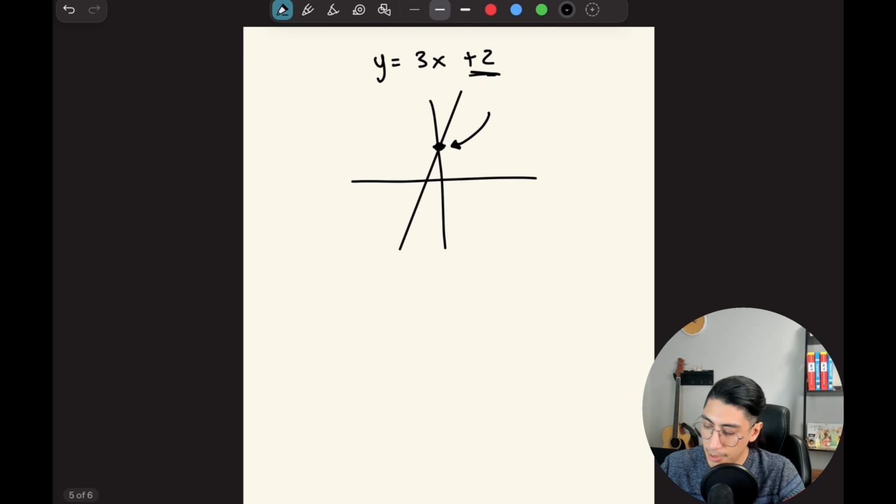Isn't that awesome? So that's how I can find that value. That would be my x-intercept. It would be negative 2 over 3 comma 0. There we go. So there's that. And of course, this one would be 0 comma 2.